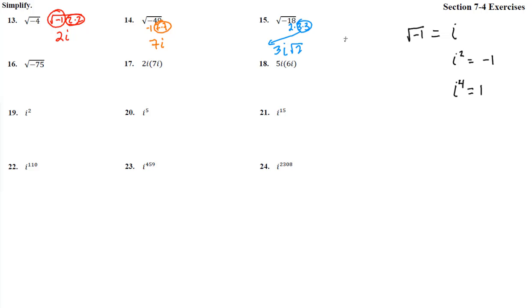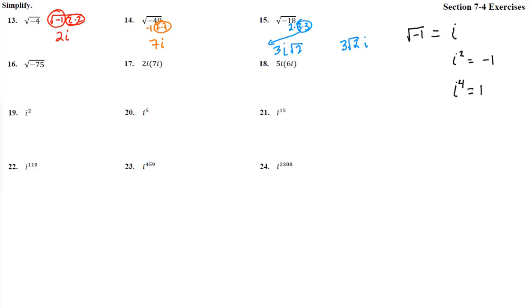And sometimes that will be written as 3 times the square root of 2 i, but you have to make sure the i isn't still under the square root if you write it that way. But complex numbers often get written as a plus bi, and in this case, this 3 square roots of 2 would be the b.